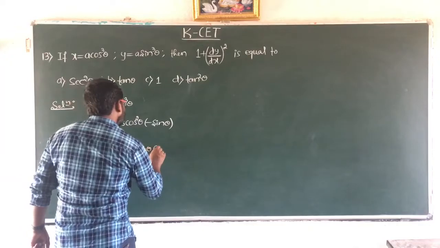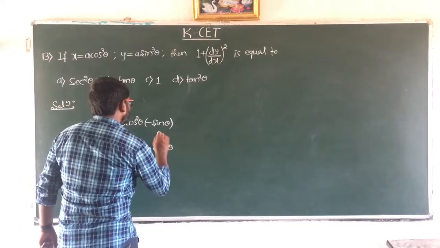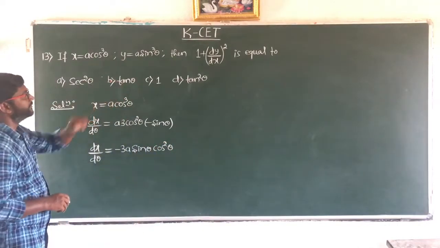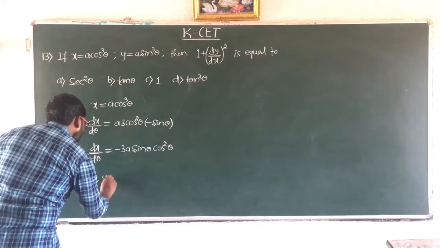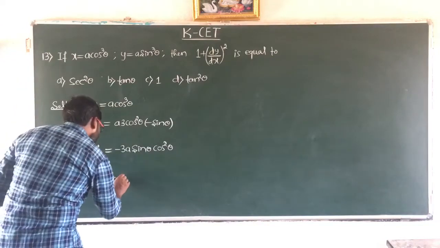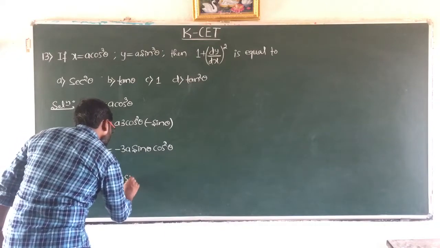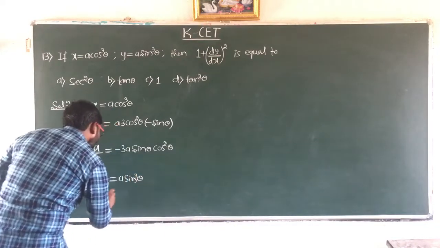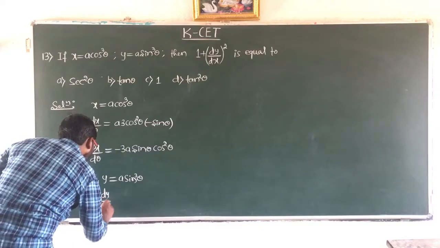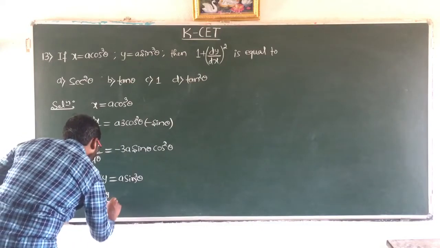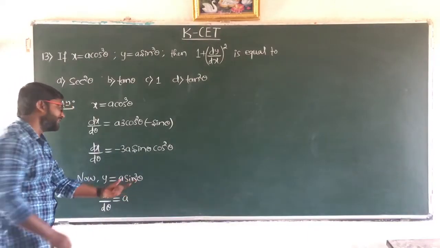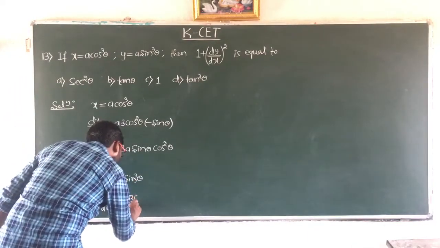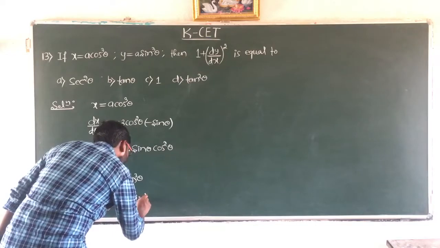Dx by d theta which is equal to minus 3a sin theta into cos square theta. So now we have to go for y which is equal to a sin cube theta. So dy by d theta which is equal to a, write it as it is. Then derivative of sin cube, it is 3 sin square theta.